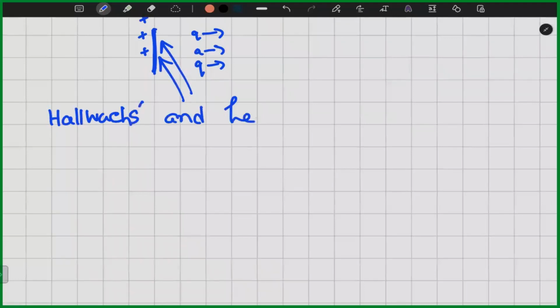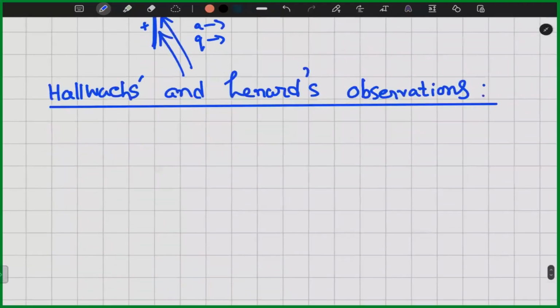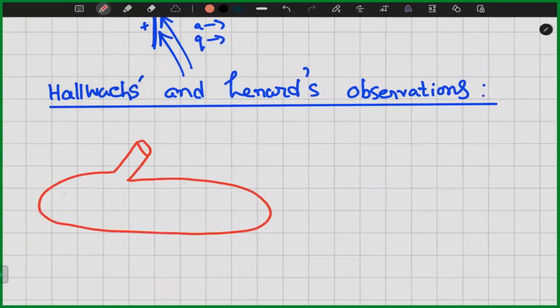This is very much important: Lenard's observations. Let me draw the setup for Lenard. This is the actual setup Lenard used, like this.